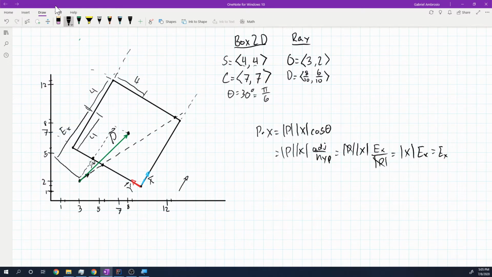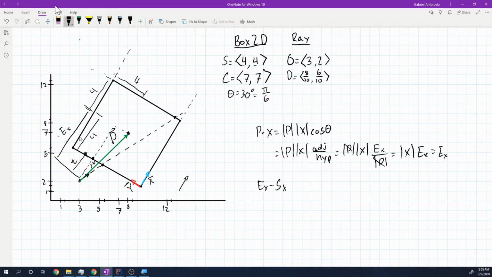EX minus the size of the X's box will give us the length along our vector we need to travel. It would just be EX minus size X. We'll call that the half size, which gives us this distance, which we'll call T. And that is our final solution, the problem that we're trying to solve.